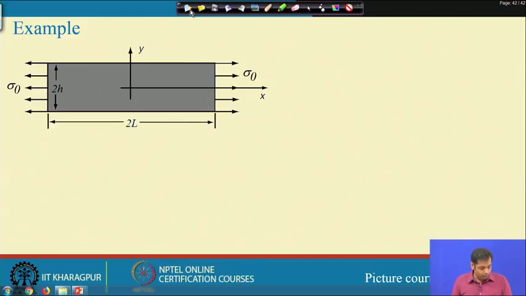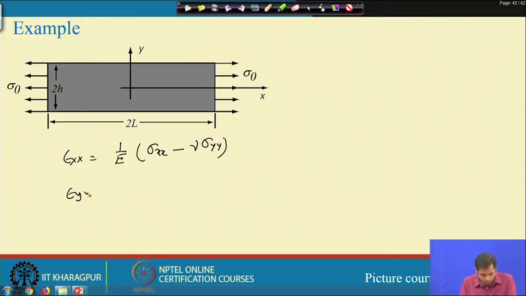Now, if you recall, for a plane stress problem, the stress strain relation was epsilon xx is 1 by E into sigma xx minus nu into sigma yy, and epsilon yy is equal to 1 by E into sigma yy minus nu into sigma xx.